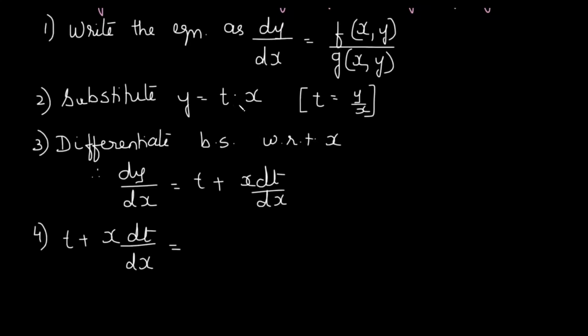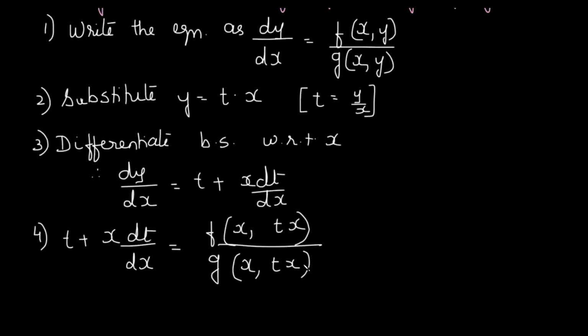On the RHS, I cannot show it to you unless there is a question, but wherever y is there, we substitute y as t into x. So for example, this becomes f of x comma tx, and over here also g of x comma tx. Instead of y we put tx.